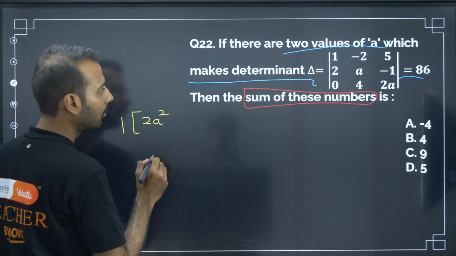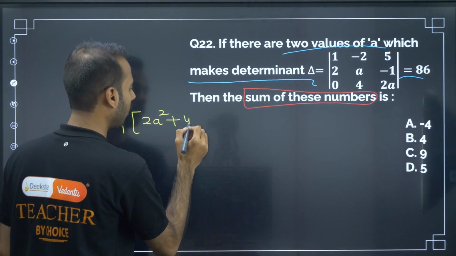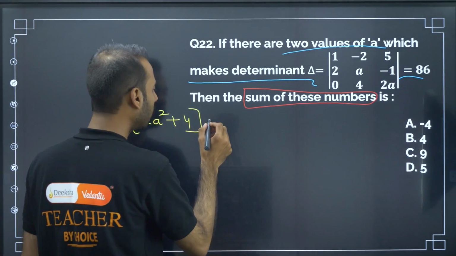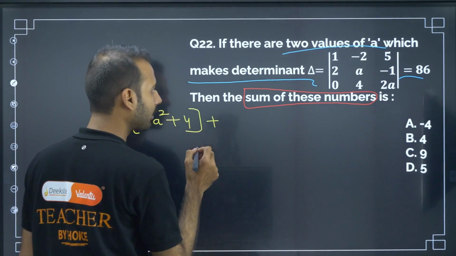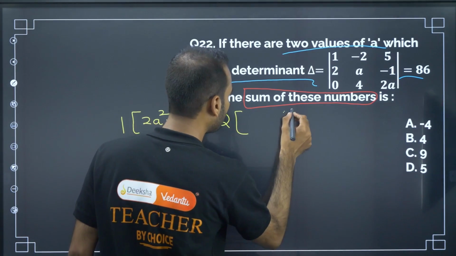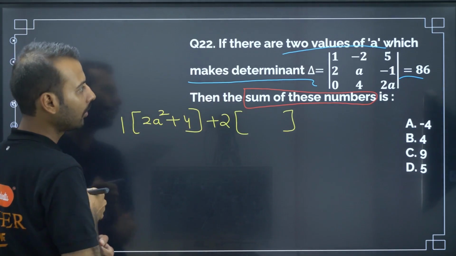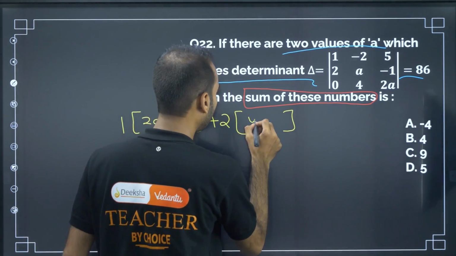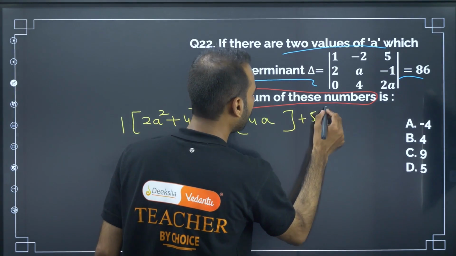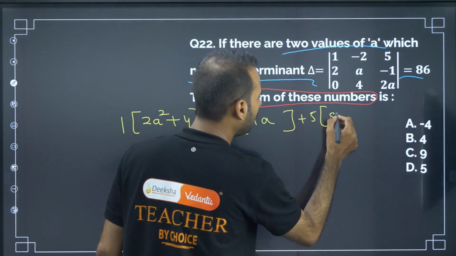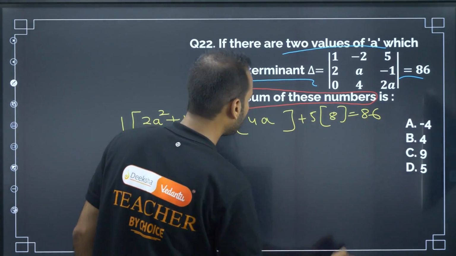2a square plus 4 minus 2, minus it becomes plus 2, plus 4a plus 5, 8 is equal to 86.